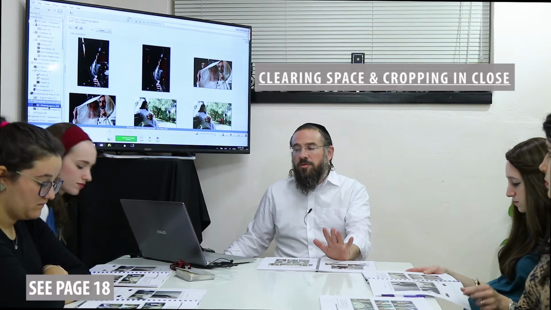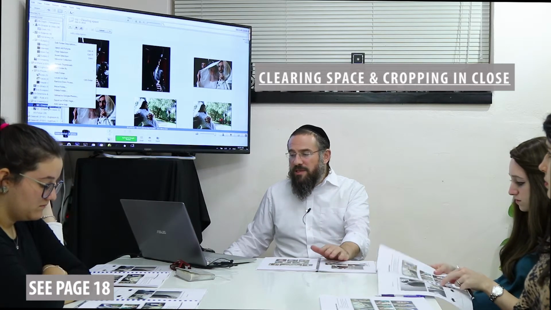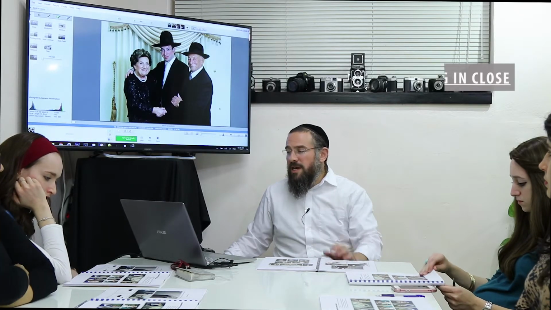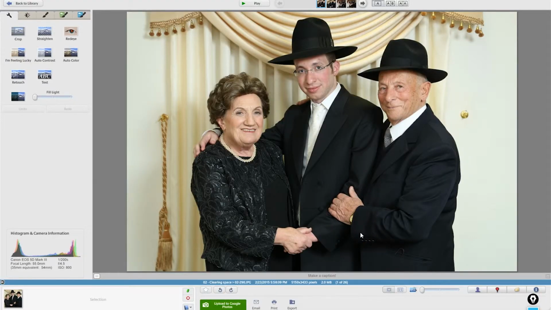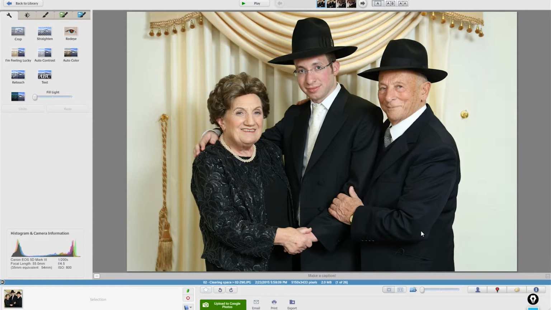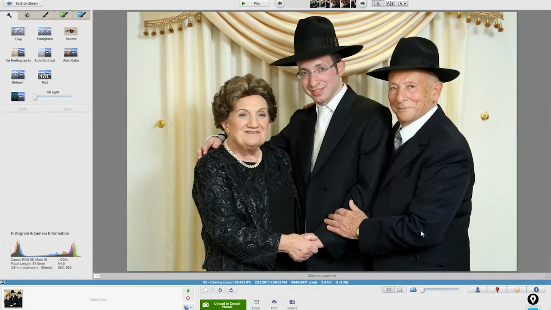Two very important rules in regards to adding to the image are clearing space and cropping in close. Now, clearing space is quite obvious. Let's just look here. Is there anything distracting us in this picture? Yeah. See, once it's gone. Yeah, the thing hanging from the side. That's taking away from the image.